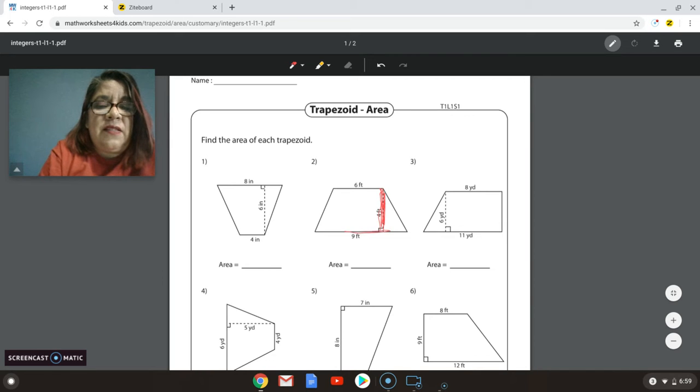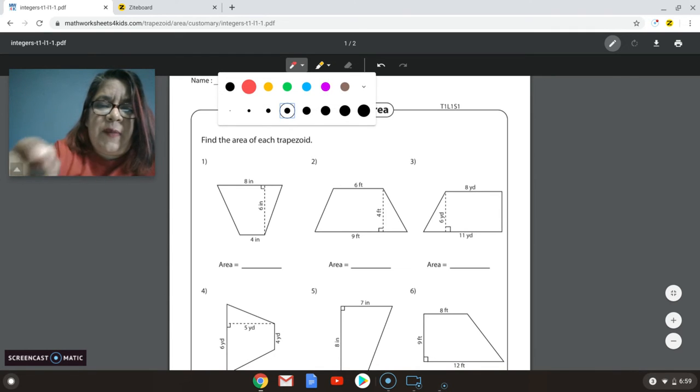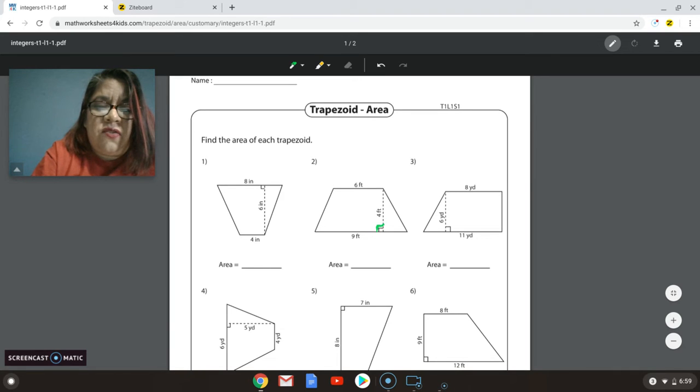One of the things that's a really good telltale sign of how we know something is perpendicular to the base is this little square right here. Remember, that shows me that that's a right angle. So that tells me that this line here is my height, and it's perpendicular to the base.